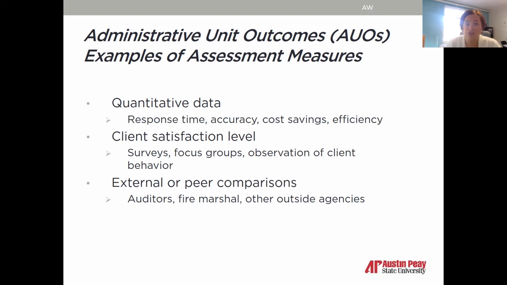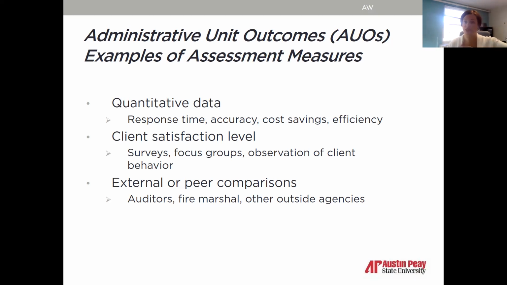Client satisfaction level, a lot of us are using this, especially for IE. So that's things like surveys, feedback questionnaires, focus groups, whatever that might be, but a lot of folks are using surveys. Then sometimes some of us work on things that have external compliance. So quality assurance funding in our office is an example of that.